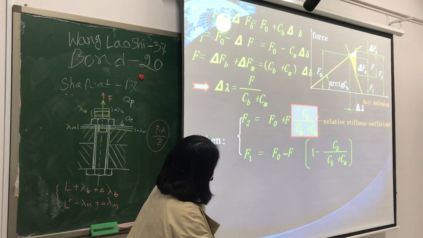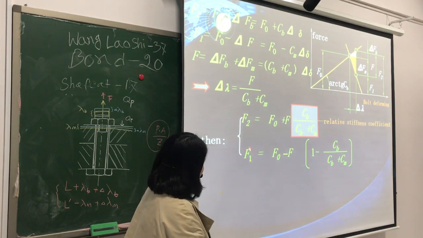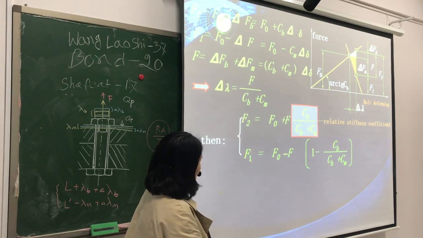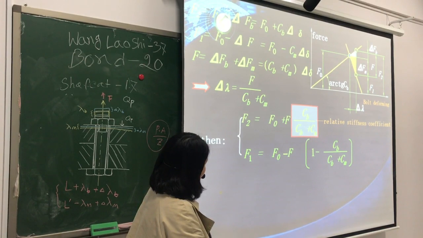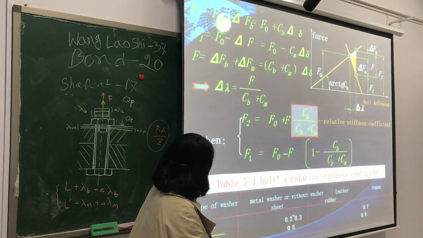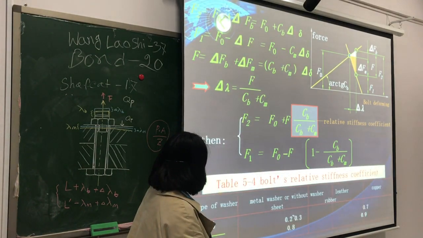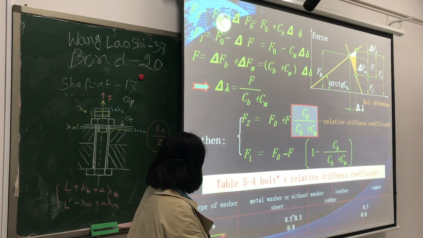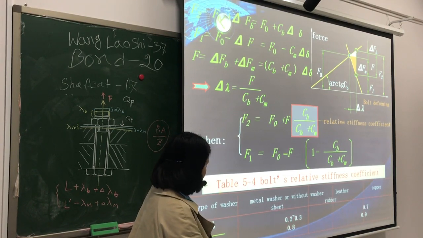This is the relative stiffness coefficient. And the remnant preload F1 equals F0 minus F times this.